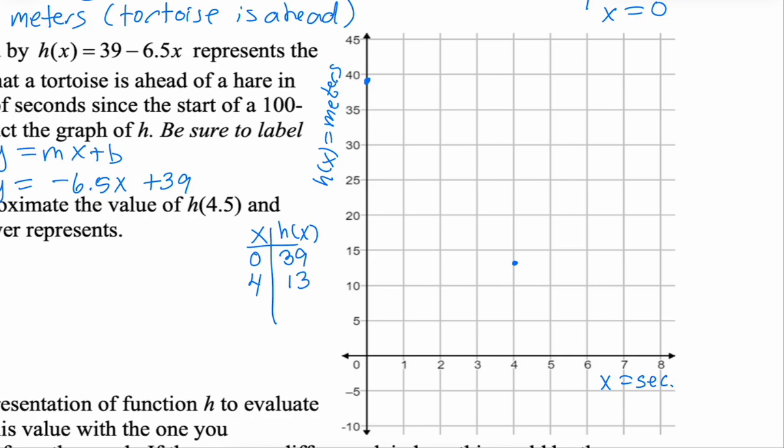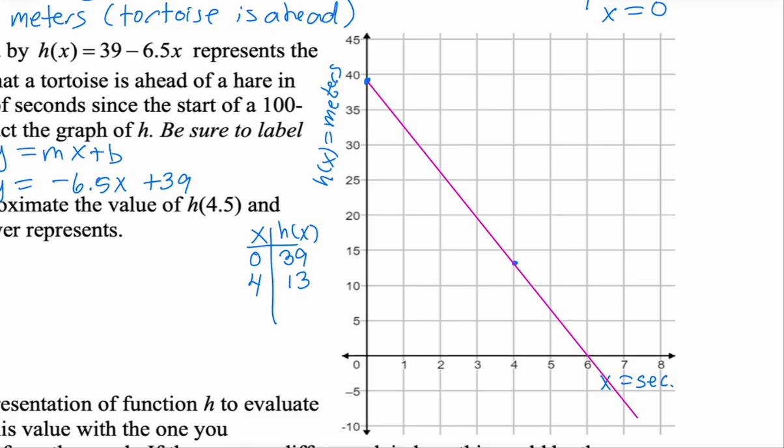And then let's go ahead and graph our line going through those points. So our graph looks like something like that. Now, positive values mean that the tortoise is ahead.